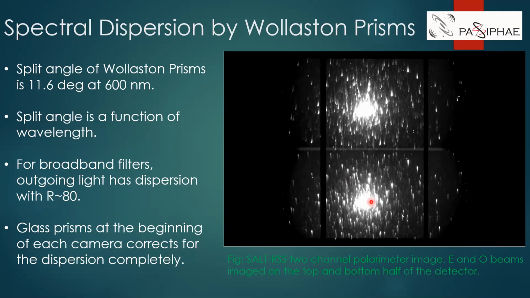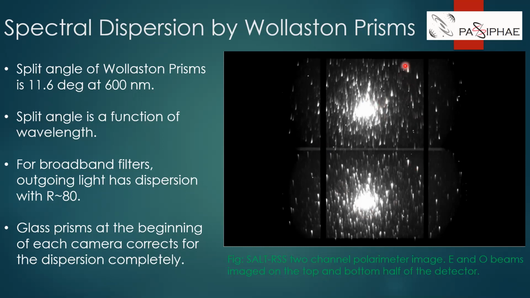Just to illustrate the problem of spectral dispersion, the image here on the right is an image from a 2-channel polarimeter on the 10-meter SALT telescope. It consists of calcite Wollaston prisms. As you can see, the top image is an O-beam image, and the bottom one is an E-beam image. And for each star, there's one image on the top and one image at the bottom.